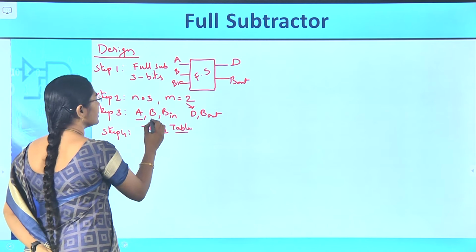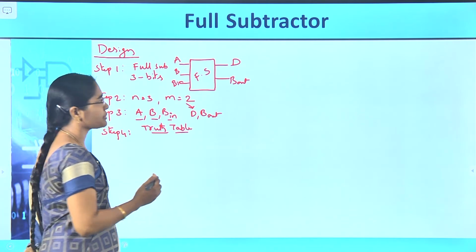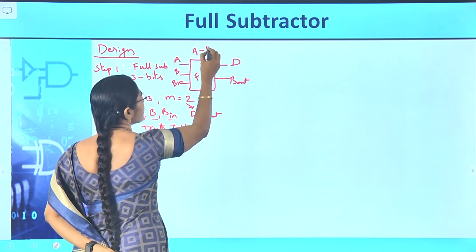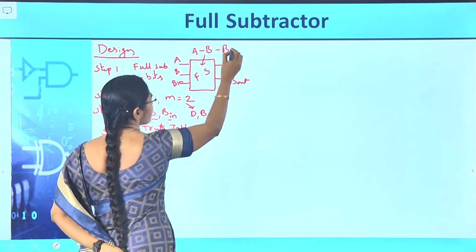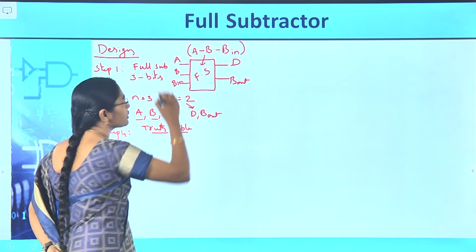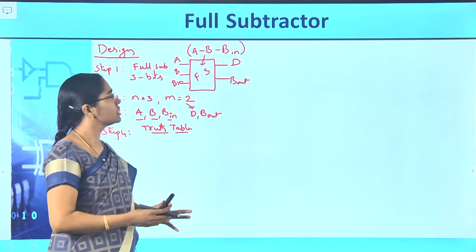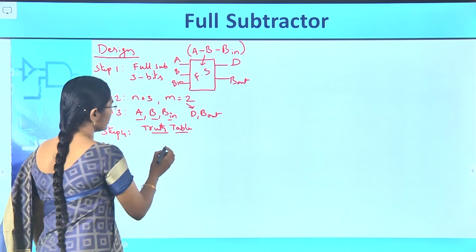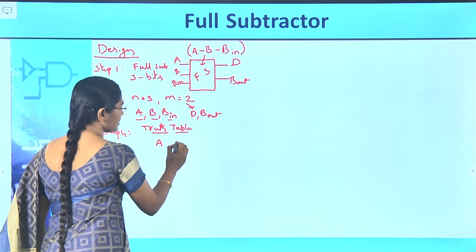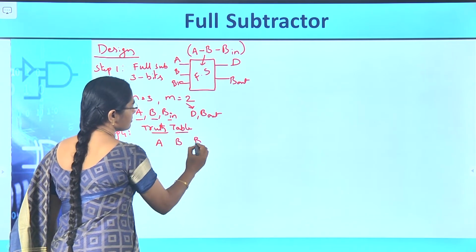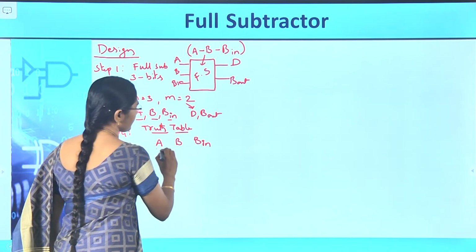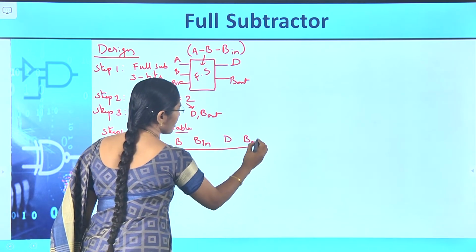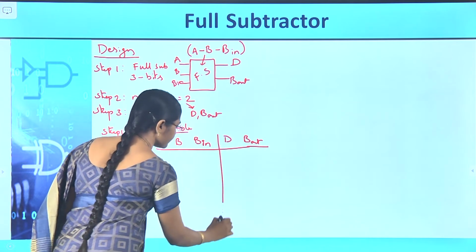Here, what operation are we performing? A minus B minus B in. This is the operation we are going to perform. Therefore, write A as MSB, next B, and B in as LSB. The outputs are difference and borrow out B out.